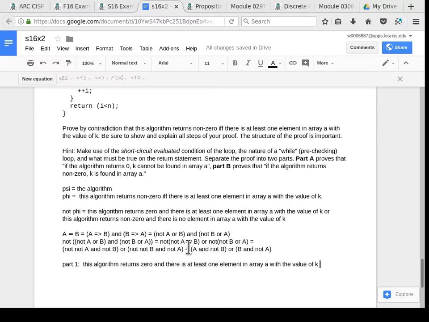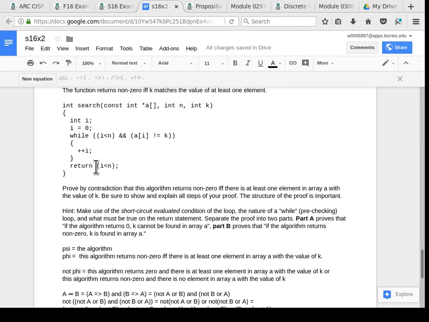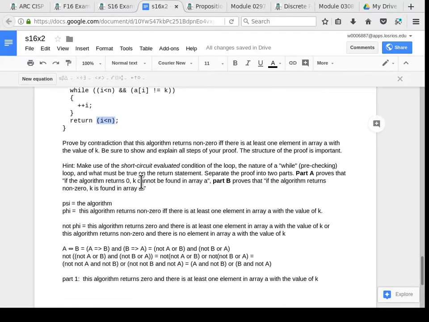So what we do is we go back to this algorithm. Returning zero means I is less than n is false. So we start with that. We say returning zero means I is less than n is false, which also means I is greater than or equal to n after the loop.